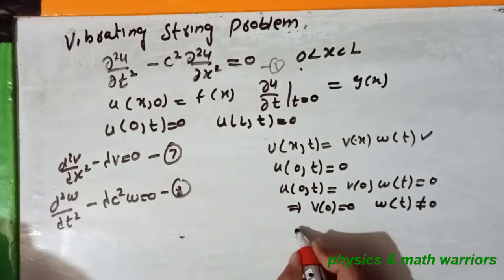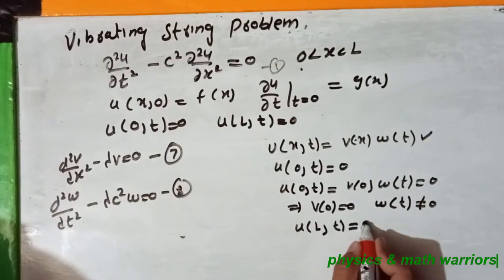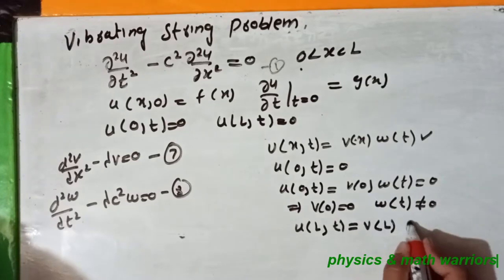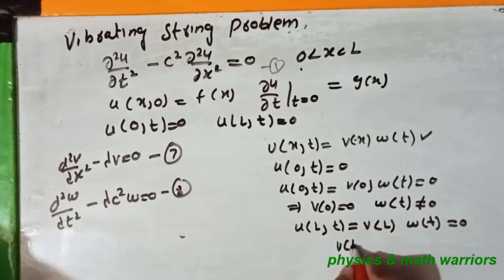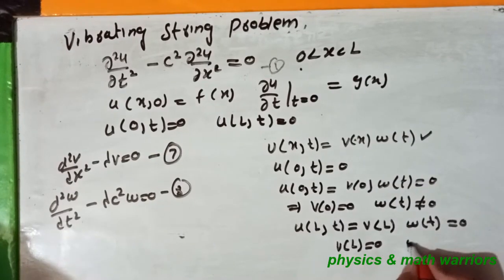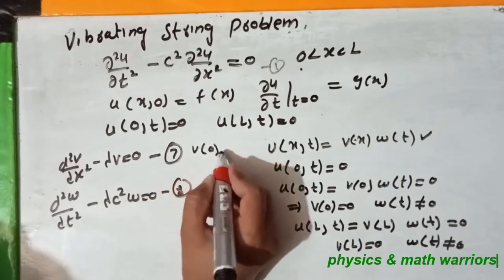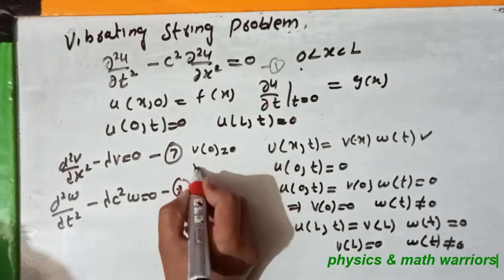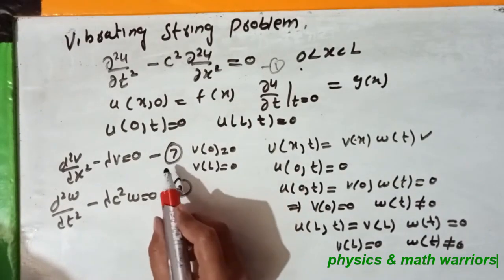Similarly, u of L and t is equal to v of L omega of t is equal to 0, which means v of L is equal to 0 and omega of t is not equal to 0. So v of 0 is equal to 0 and v of L is equal to 0 is the boundary condition for equation 7.